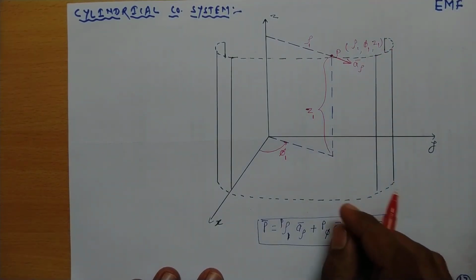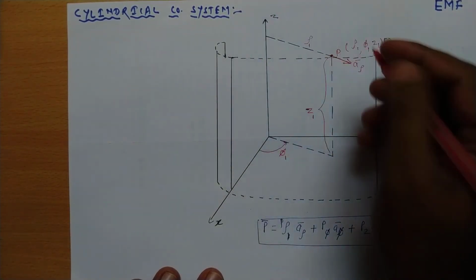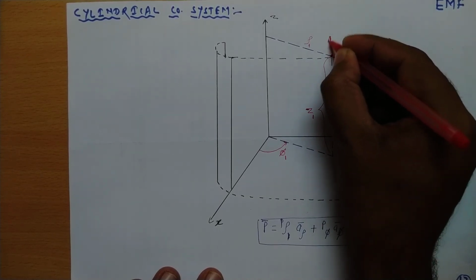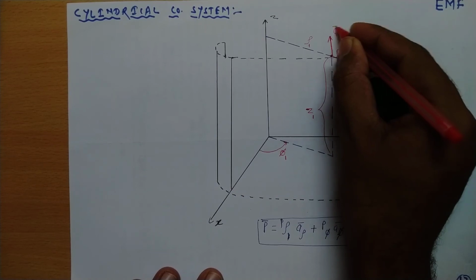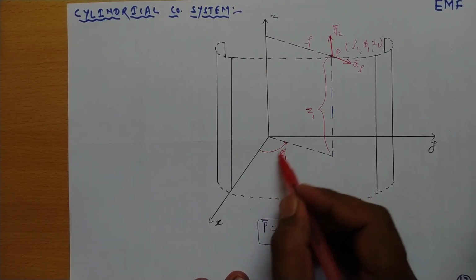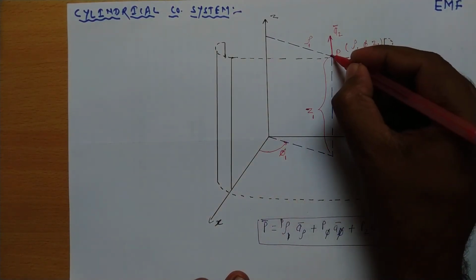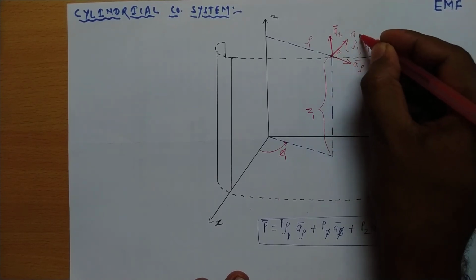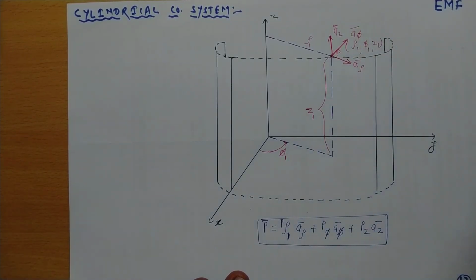Z is in the direction of the z axis, so this is the direction of the unit vector a z, right? And last, the a phi, I can define the direction of this phi, which will go something like this. So this is the direction of the unit vector a phi. In this fashion I can define the unit vectors a rho, a phi and a z.